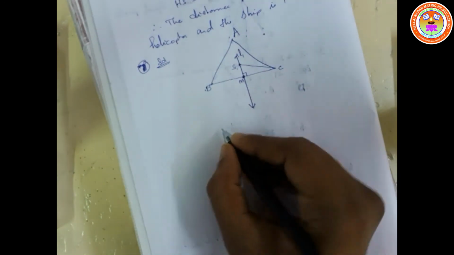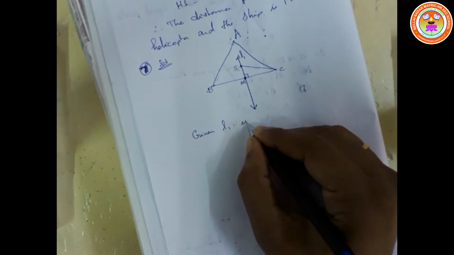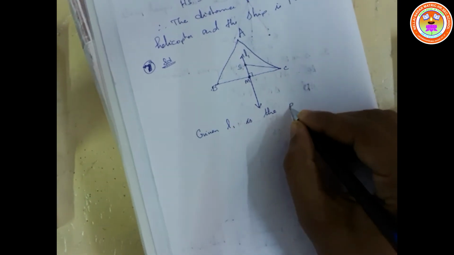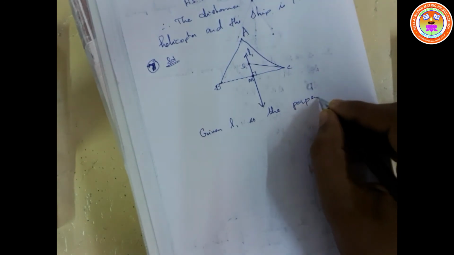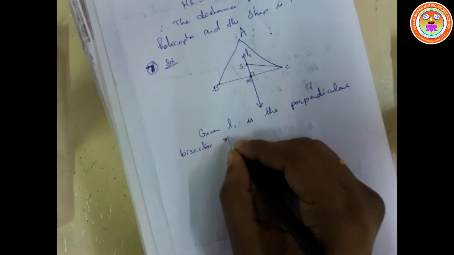Solution: Given L1 is the perpendicular bisector of BC.